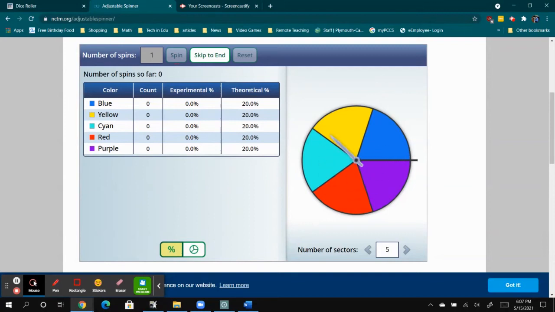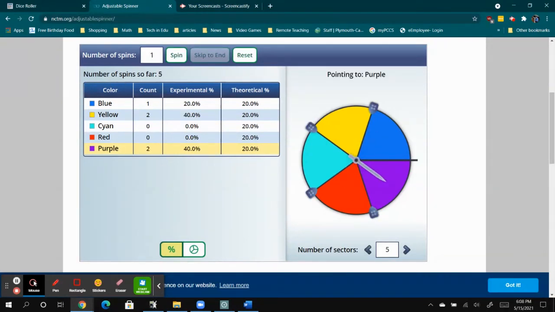So see the first spin, yellow. You can see right now the experimental probability is 100% because we only spun this once. So we're going to spin this 5 times and we should get 1 blue. Oh, there's a blue. There's another yellow, purple, and one more spin, purple.